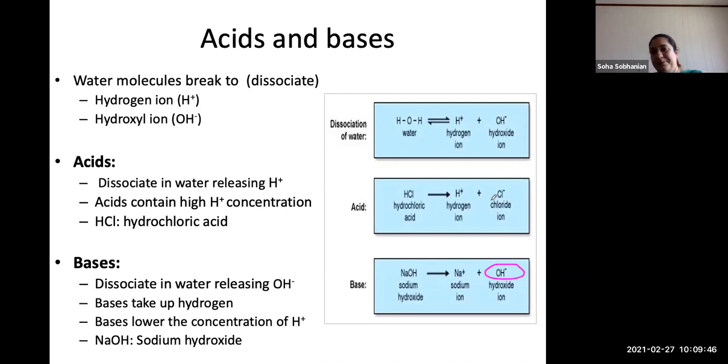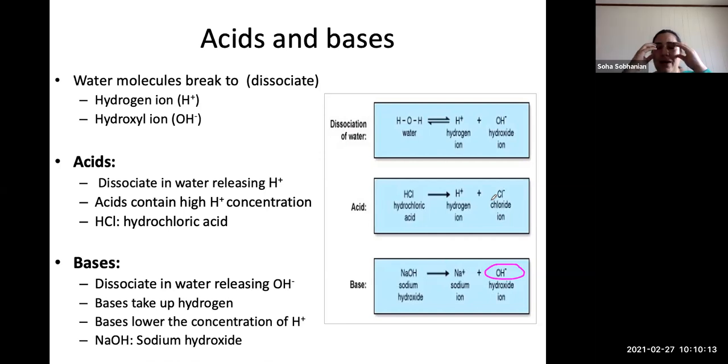OH is what? Base. So if you're releasing a significant number of OH negatives, that's a strong base, correct? And if you're releasing very little OH into your solution, that's the opposite of strong. It would be a weak base, right? Correct.